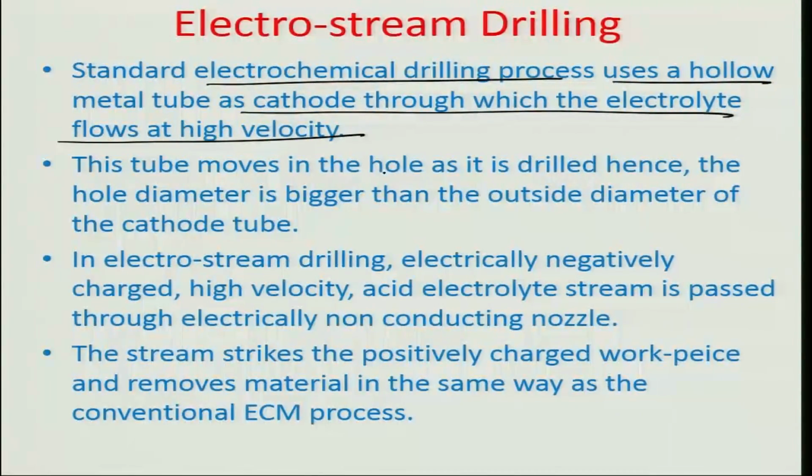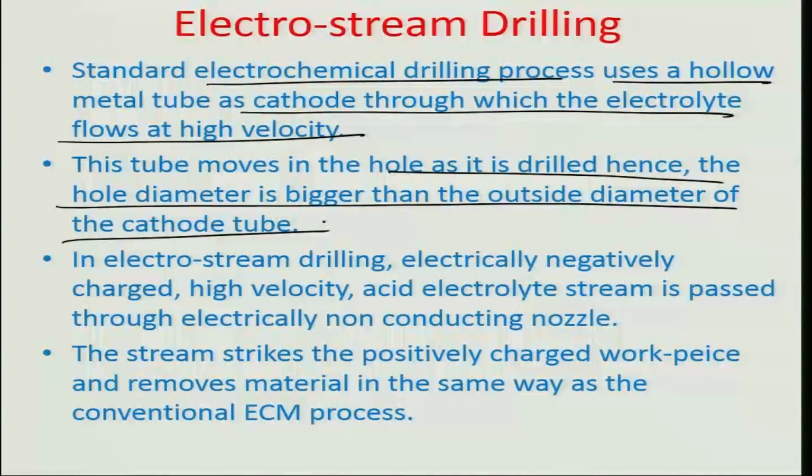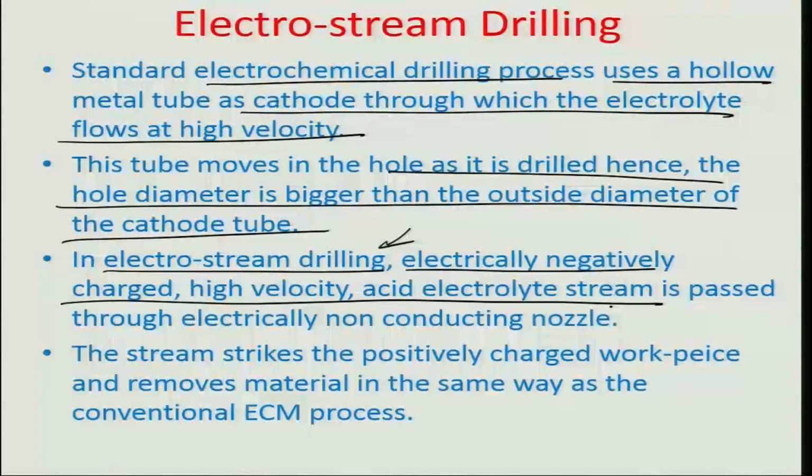The tube moves in the hole as it is drilled, hence the hole diameter is bigger than the outside diameter of the cathode tube. In electrostream drilling, which is another variant of electrochemical machining, generally a negatively charged high velocity acid electrolyte stream is passed. The nozzle is electrically non-conducting, so it is the stream that matters where it falls.